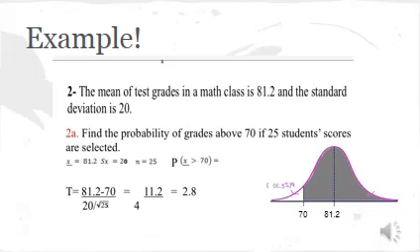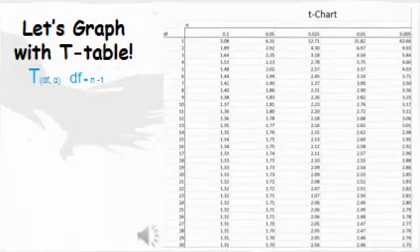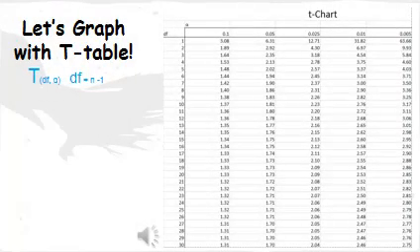Now let's go to the t chart to figure out the percentage of t being 2.8. With our sample size at 25, we will begin with our degrees of freedom at 24.